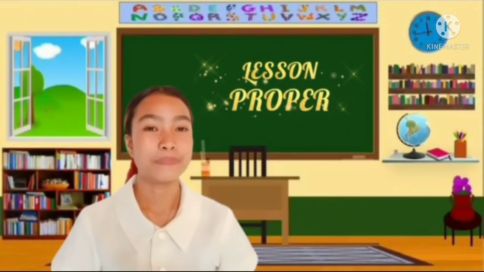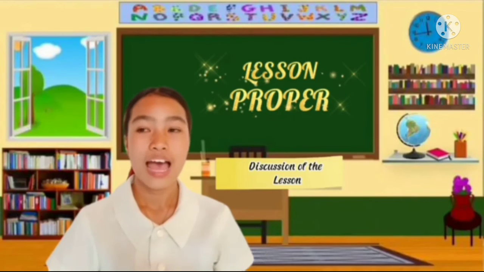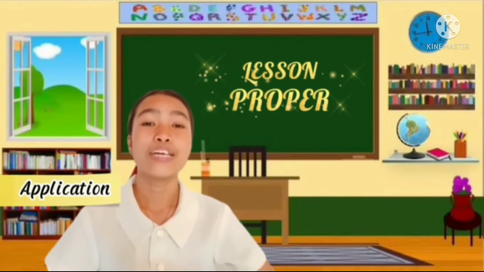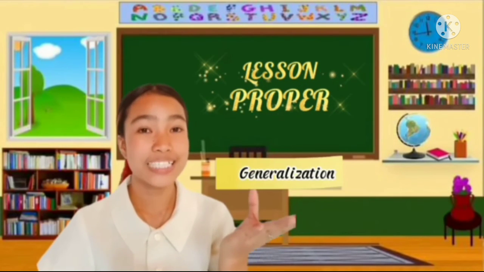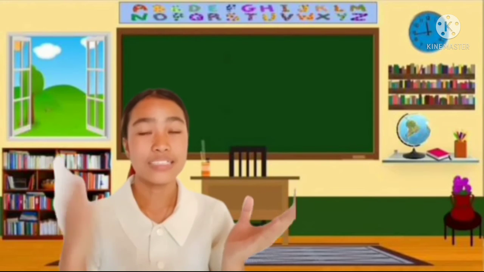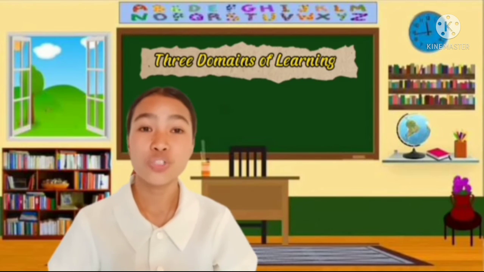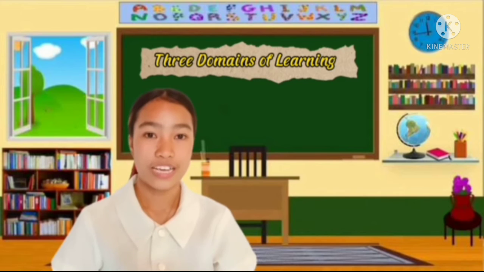Lesson proper. It includes the discussion of the lesson, application, and also the generalization, which have an interaction between the teacher and the students. And when writing objectives, it must be done correctly by using the three domains of learning.